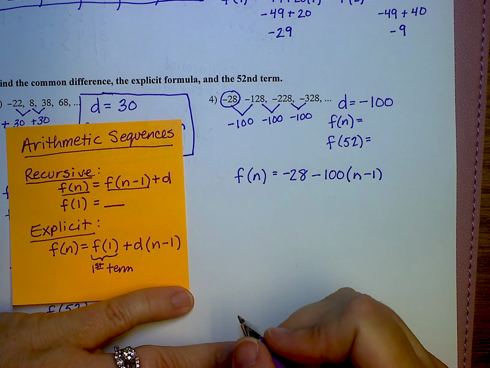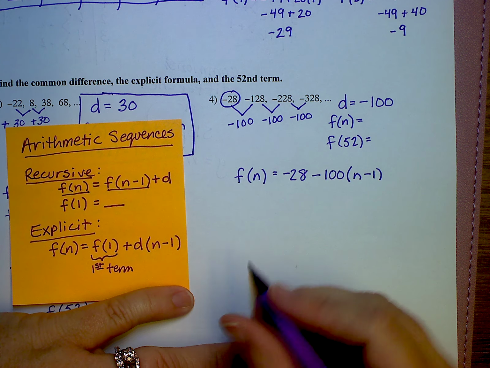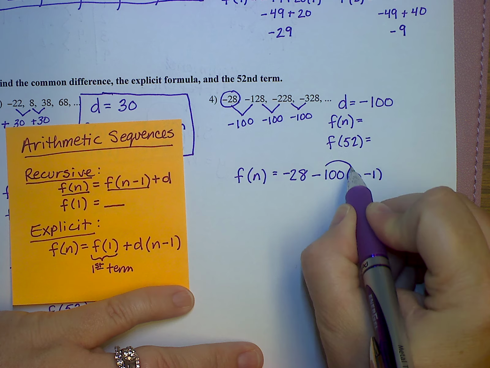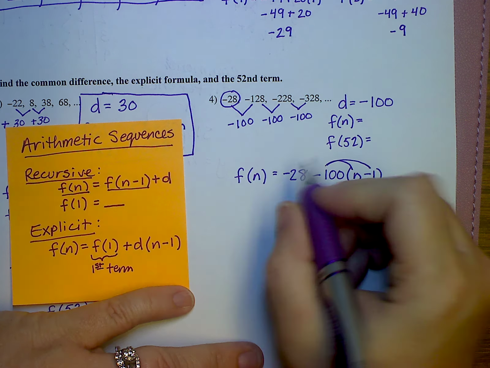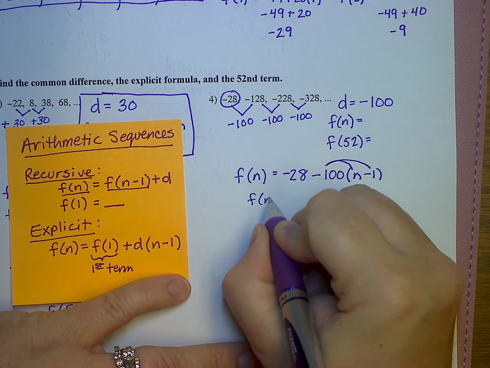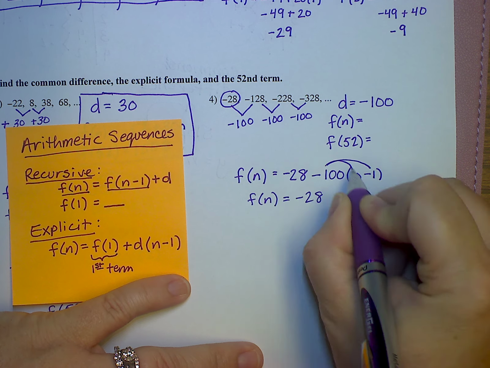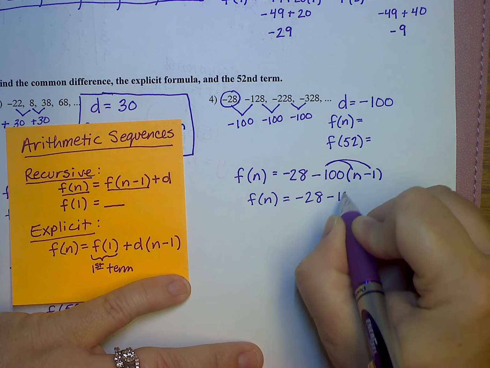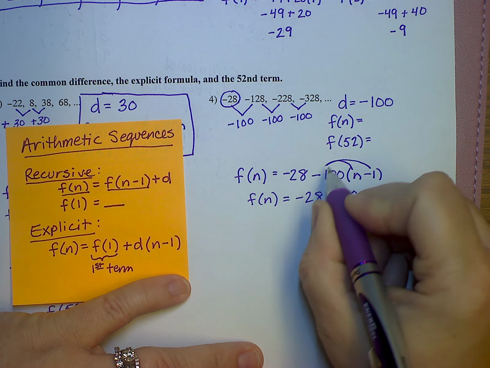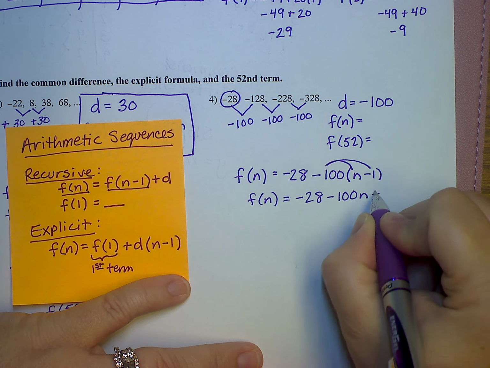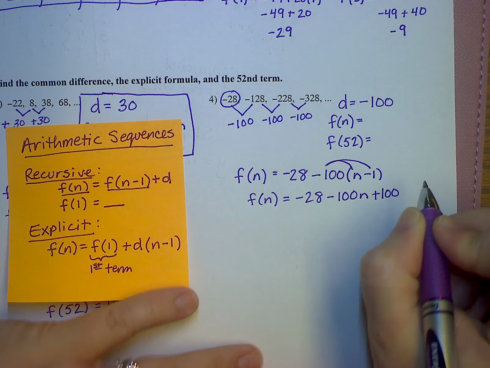At this point, what do I do? Distribute, right? So f of n equals negative 28, and then negative 100 times n is negative 100n, and negative 100 times negative 1 is positive 100.